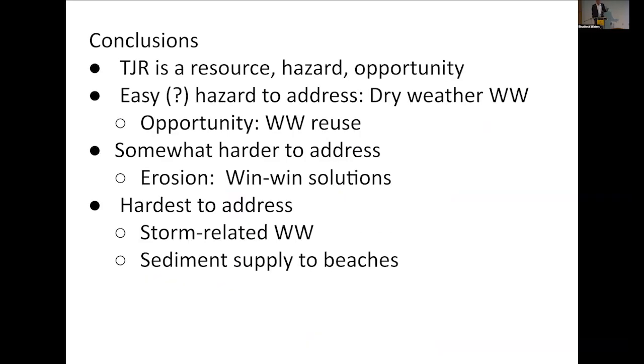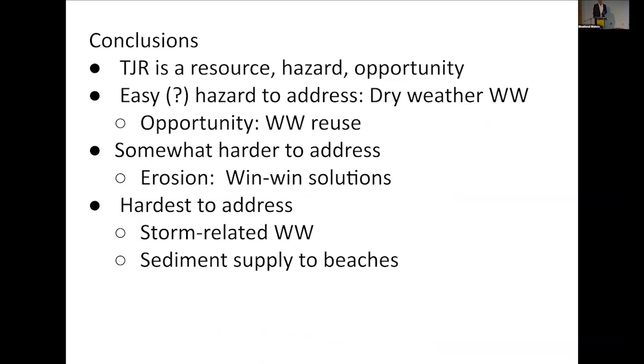So the conclusions: the Tijuana River is a resource, a hazard, and an opportunity. The easy hazard to address, I think, is the dry weather wastewater flow. I think we've already made big advances there. And there's an opportunity not only to address it but to turn that hazard into a resource through wastewater reuse.